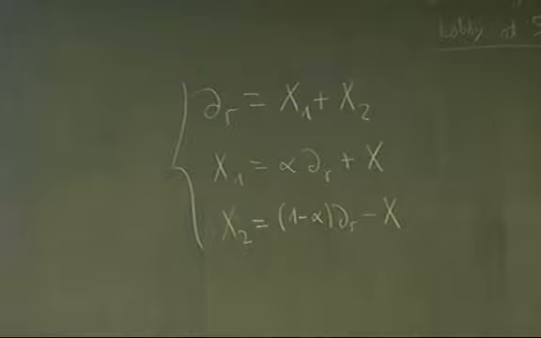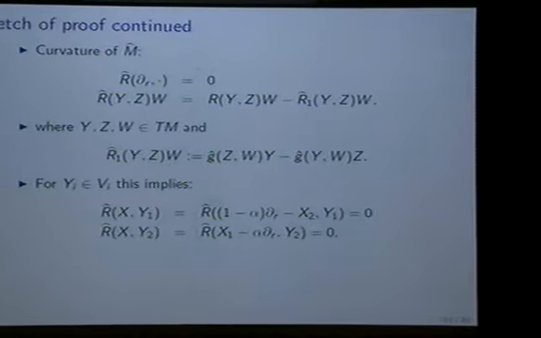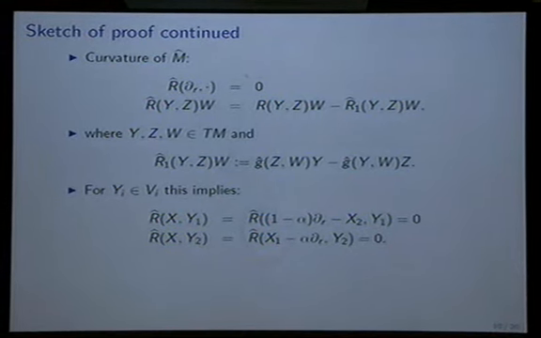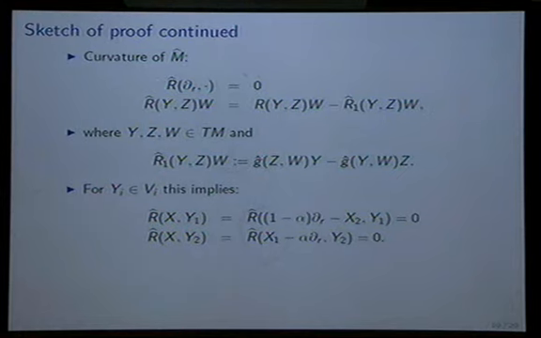And so replacing X by this expression, we see that first we have d over dr, but we know that the curvature tensor evaluated on d over dr gives 0. And then we have R hat of X2, y1. But X2 and y1 belong to V2 and V1, so to these two orthogonal parallel distributions, and so the curvature is 0 for such vectors.